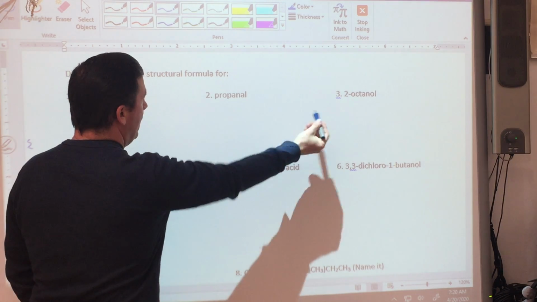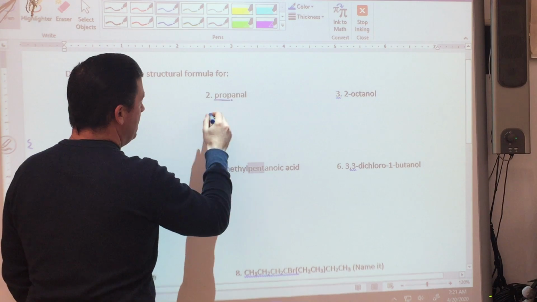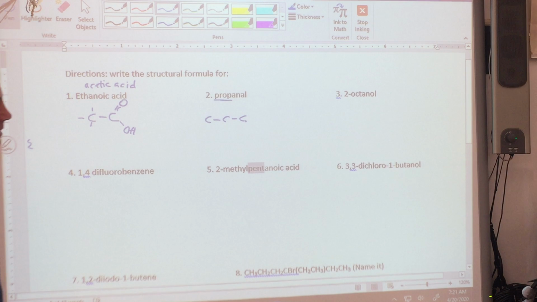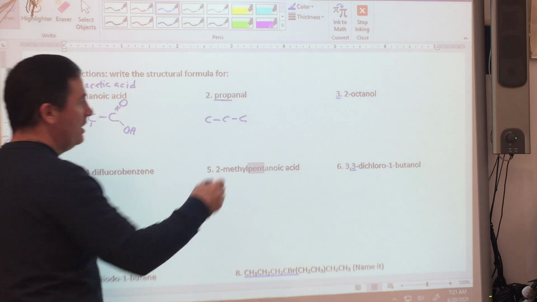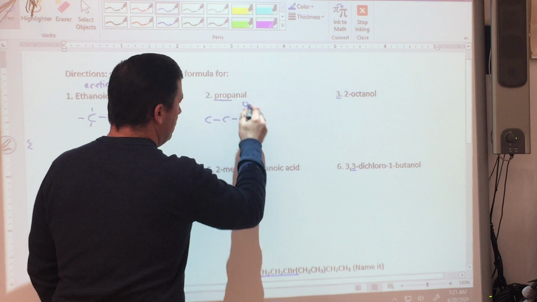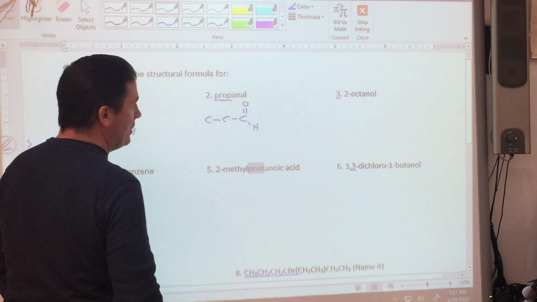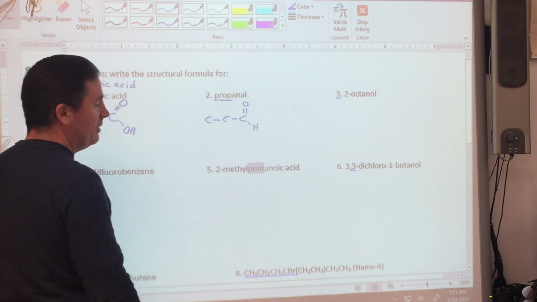Number 2 is propanal. And prop indicates that there are 3 carbons. Then I would have to go back and remind myself or look up what al means. Al indicates that it is an aldehyde. Aldehydes have a double bonded O and then just an H attached to that last carbon.